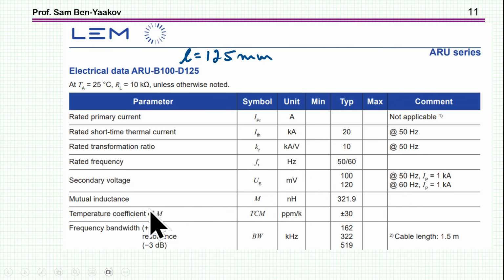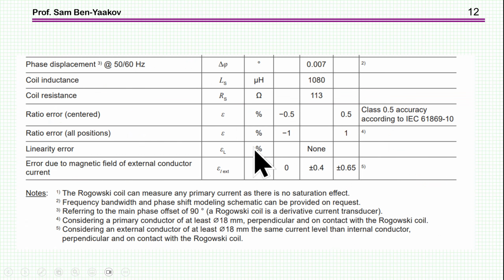Now the mutual inductance here is 321. And the bandwidth of the probe itself is about 150 kilohertz, which is pretty good. And just have another look here. The coil inductance, that is the coil itself, is 1000 microhenry, which is like 1 millihenry.